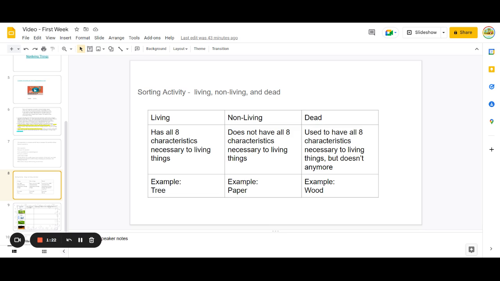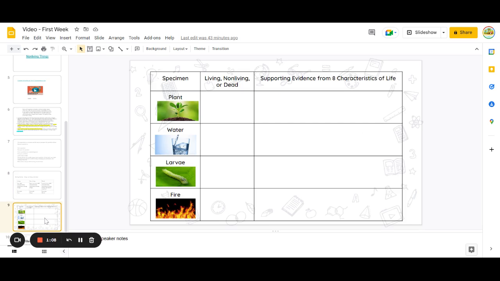Dead or once living means that it used to have all 8 characteristics, but doesn't anymore. Again, we listed and gave examples. After we brainstormed for a few minutes, I gave students pictures, and they had to determine if these items were living, non-living, or dead, using supporting evidence from the 8 characteristics of life.